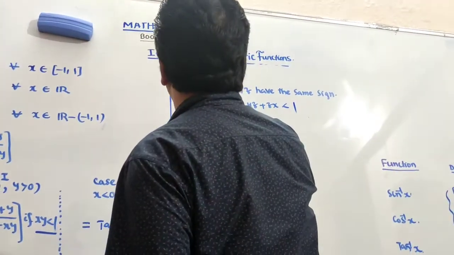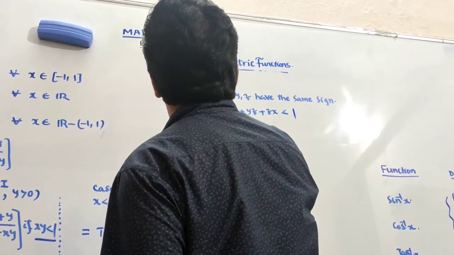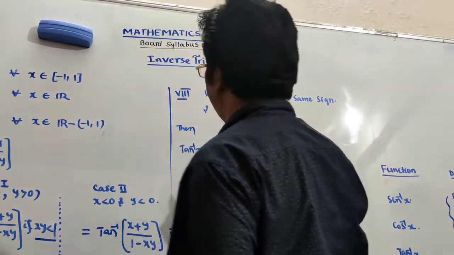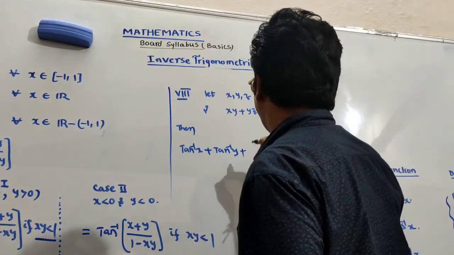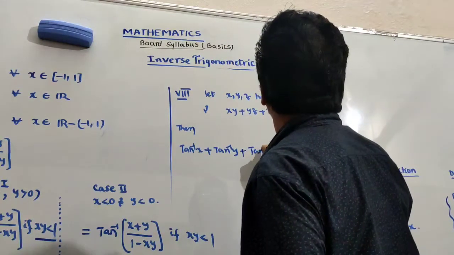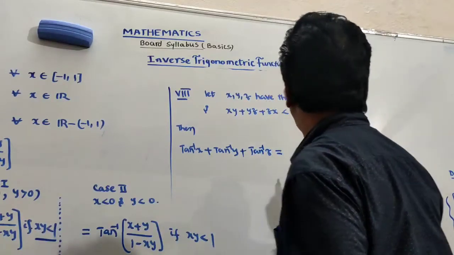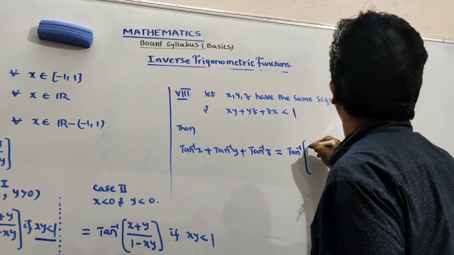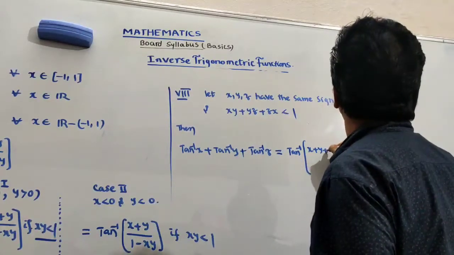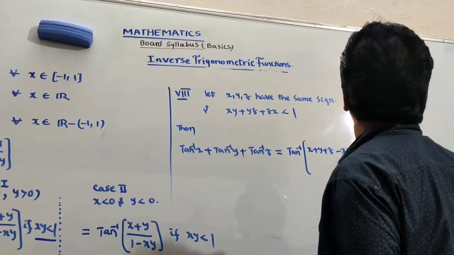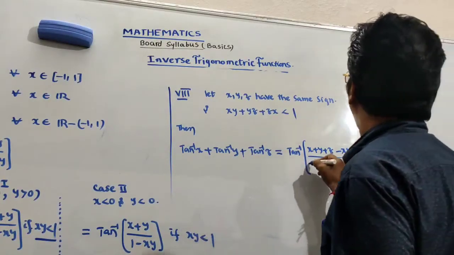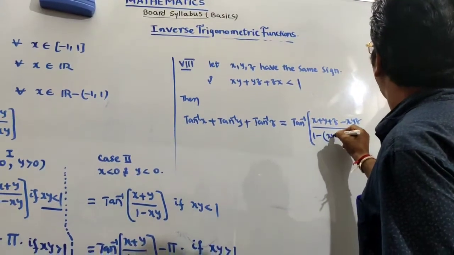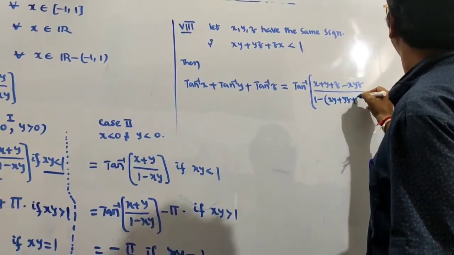Then tan inverse x plus tan inverse y plus tan inverse z is equal to tan inverse of x plus y plus z minus product xyz divided by 1 minus bracket begin xy plus yz plus zx.